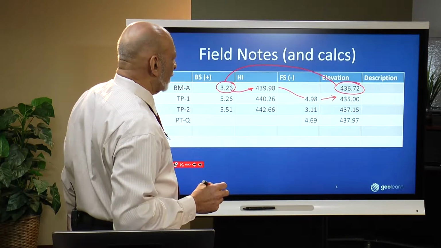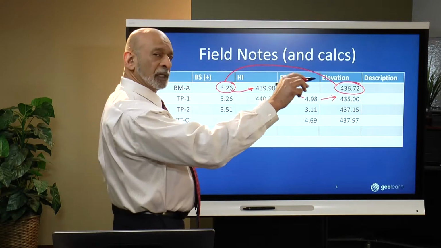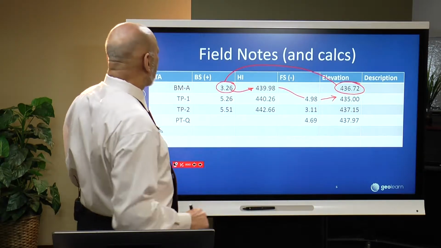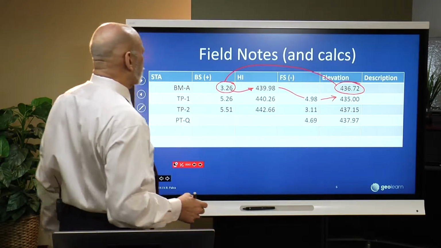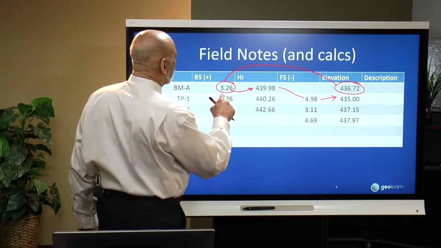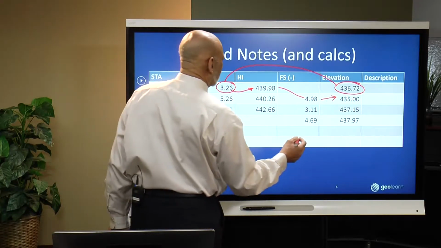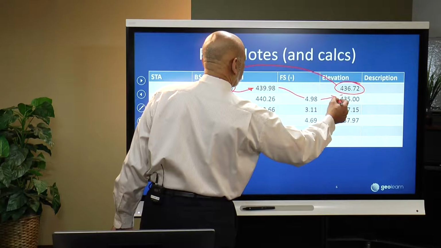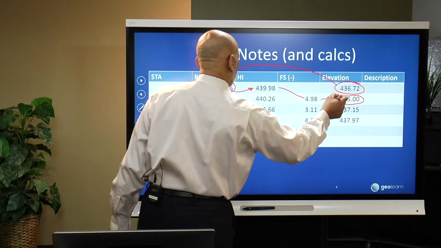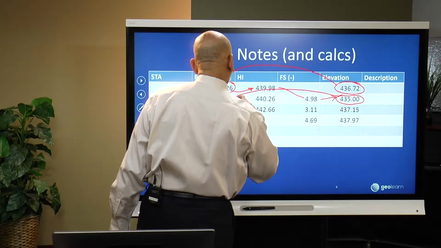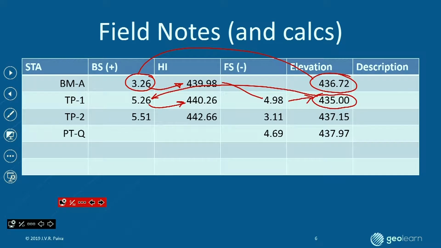Then what we did was we picked up the instrument and moved it forward and backsighted turning point 1. So this is where it gets confusing for students sometimes. So this is still our same setup. We backsighted turning point 1, we write the 5.26, and what we do is we take the 435.00, and like we did before, we then add it to the 5.26 to give us 440.26.